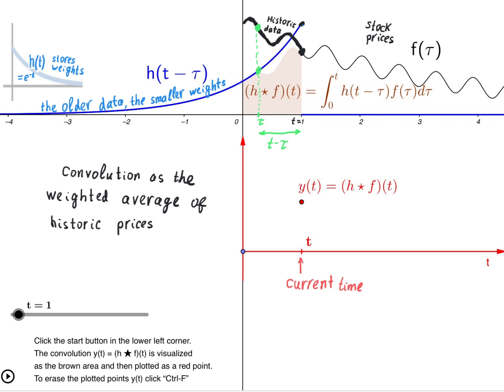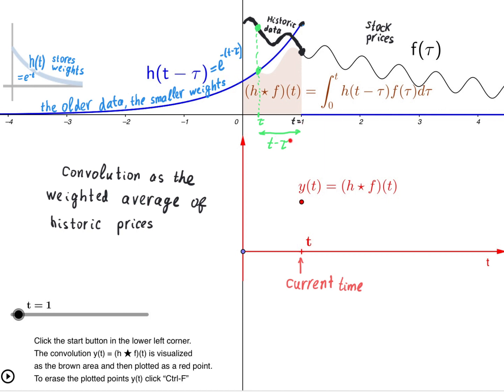Since we go into the past, we replace t in the exponent with t minus tau, where t is today's date, tau is the past time moment, and t minus tau is how much time elapsed since that past moment until today.